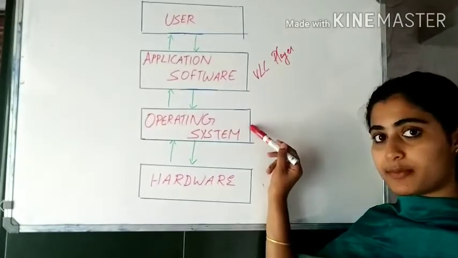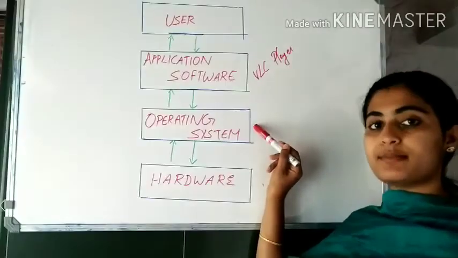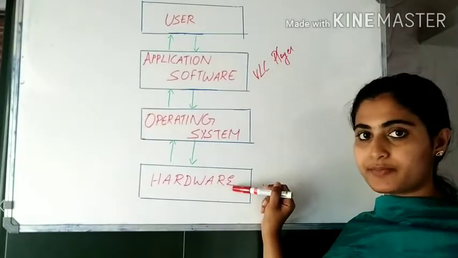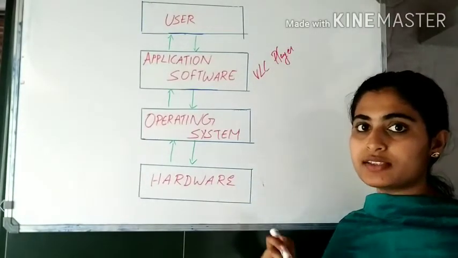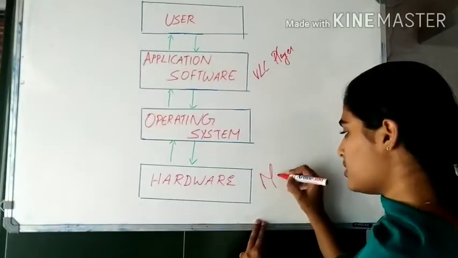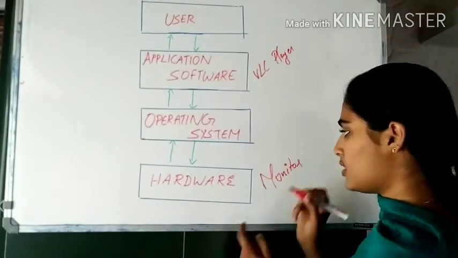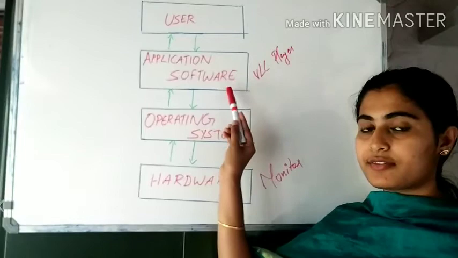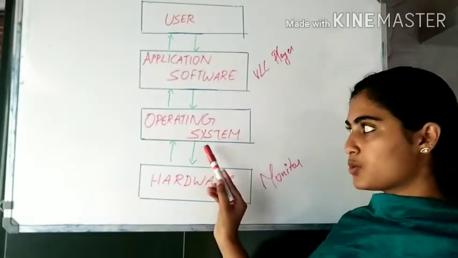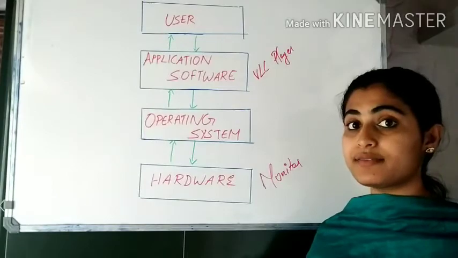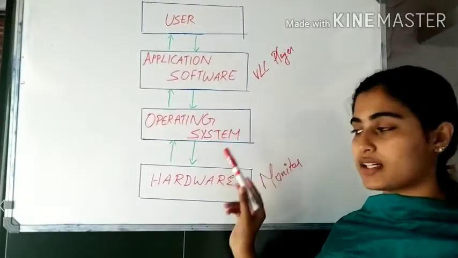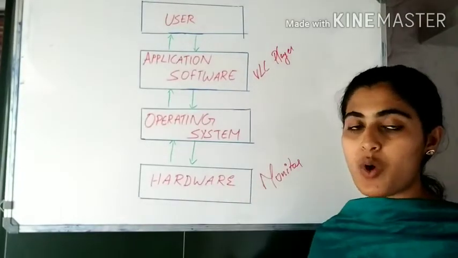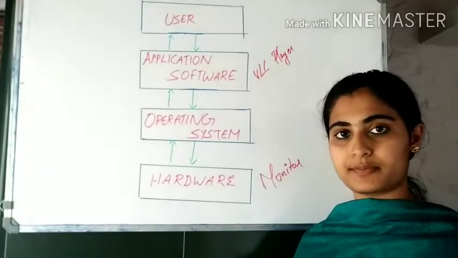And operating system will be converting them into the form that is understandable by the hardware device of the computer. And which is the hardware device that we use for seeing a movie? Here we will be using a monitor. So, whatever instructions are present inside the software VLC player pass on to the operating system, and operating system will convert them into the form that is understandable by the hardware device, that is monitor. This is how I can watch a movie inside the computer.